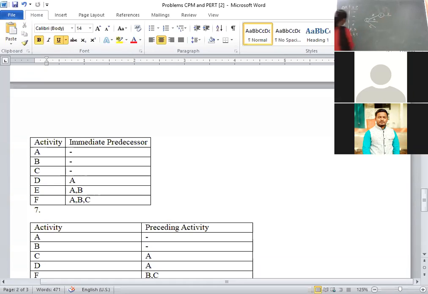D, okay, here A and B is completed, then E, A, B and C is completed, then F. Okay, they will leave the diagram like this. It is wrong. Every activity should start at certain node and end with certain node. We know that D, E and F, after completion of this, there is no immediate predecessor. That's why this is the end node. You have to combine it and represent the end node as 5.